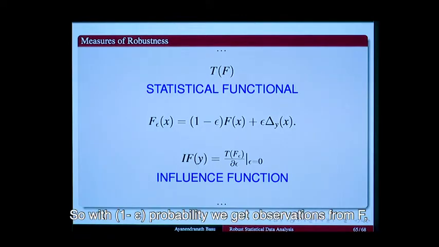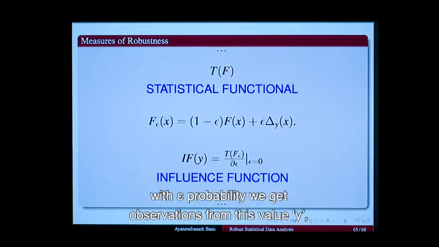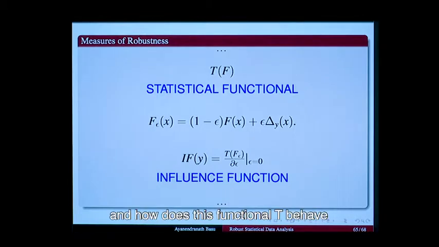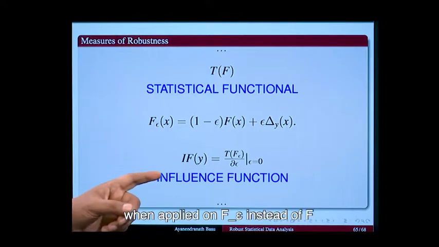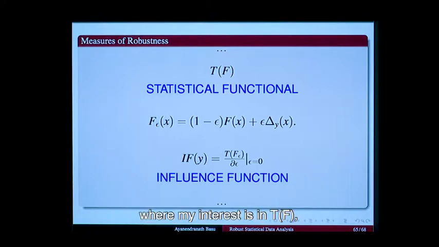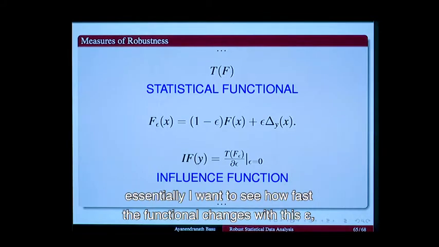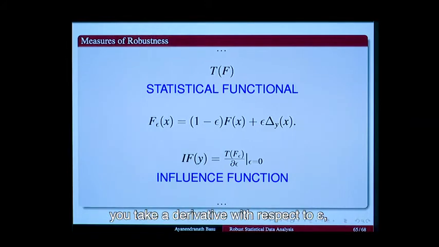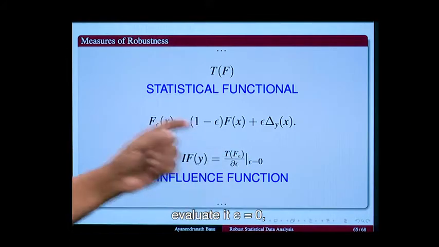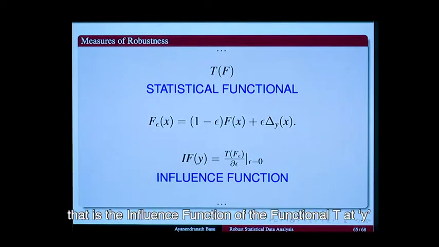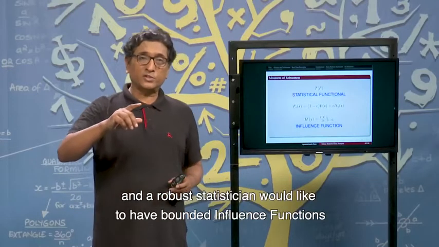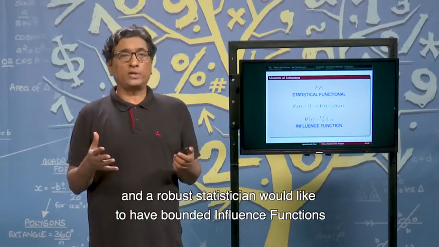So, with 1 minus epsilon probability we get observations from F, with epsilon probability we get observations from this value y, and how does this functional T behave when applied on F epsilon instead of F, where my interest is in T of F. So, essentially I want to see how fast the functional changes with this epsilon, and how do you measure the rate of change? You take a derivative with respect to epsilon, evaluate it at epsilon equal to 0, that is the influence function of the functional T at y, and a robust statistician would like to have bounded influence functions.